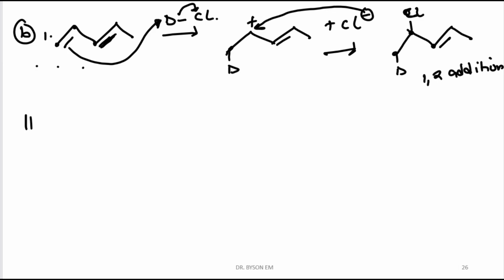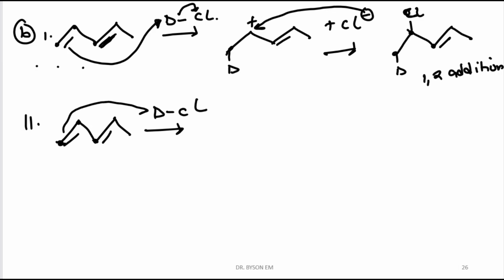Another way it can react is where, when the first step takes place, this will come and get that, this leaves, and then you form this. So the D is here, positive charge. This bond will move to here. So you form this.